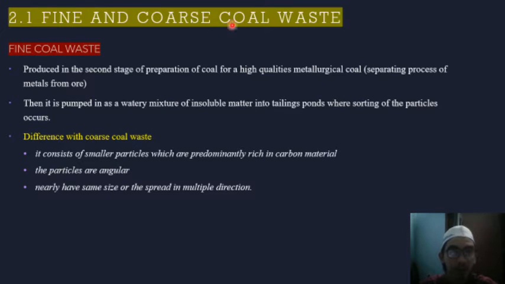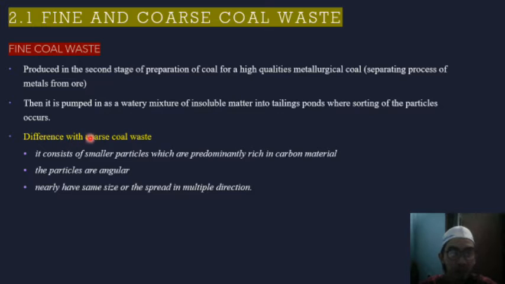First, fine and coarse coal waste. Fine coal waste is produced in the second stage of preparation of coal for high-quality metallurgical coal, that is, the separating process of metal from ore. Then it is pumped as a watery mixture of insoluble metal into tailing ponds where sorting of the particles occurs.